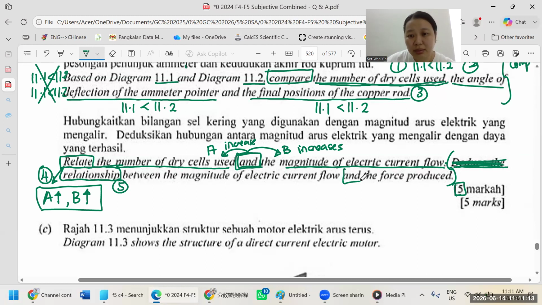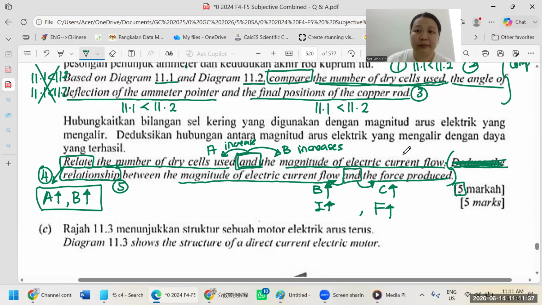Look at N. In front of N is the magnitude of the electric current flow, B. So the force produced is C. So for this one, B increases, C increases. More current flow, more force produced. Then 5 marks in your hand.